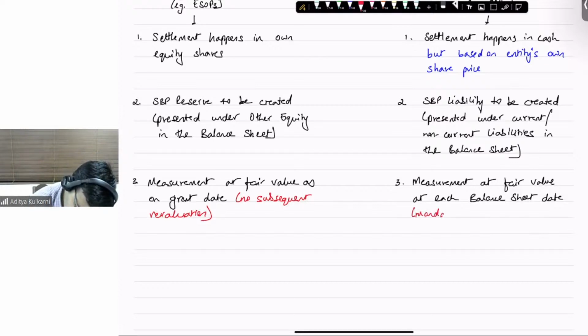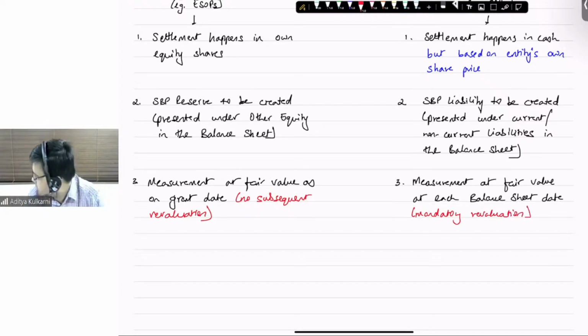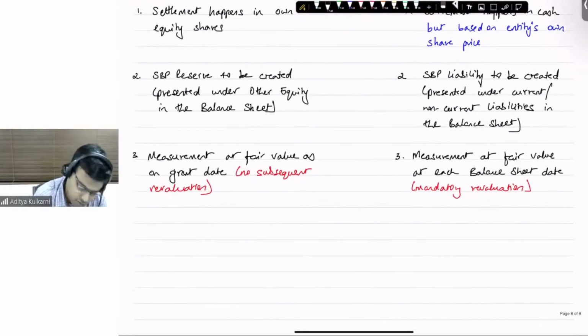Mandatory revaluation. Why would you need to revalue this? Sir, this is because this is a liability. This is not an equity. Okay. So we can just write that small logic and then we are done with the summary.